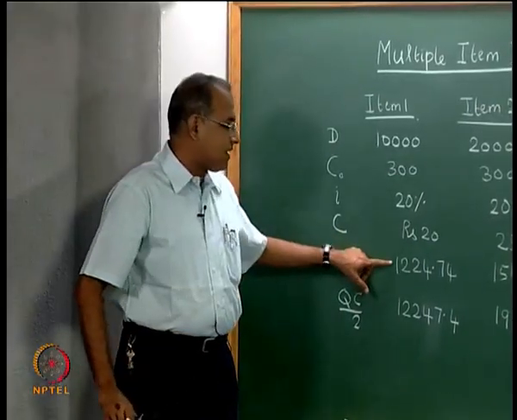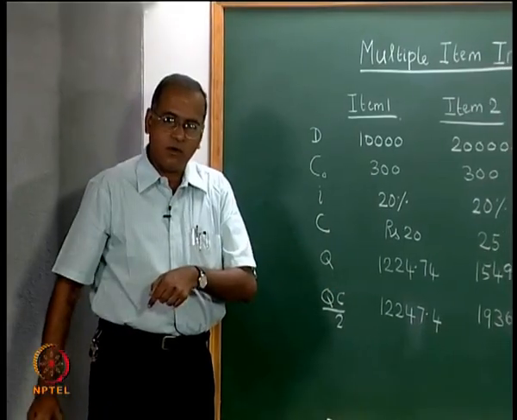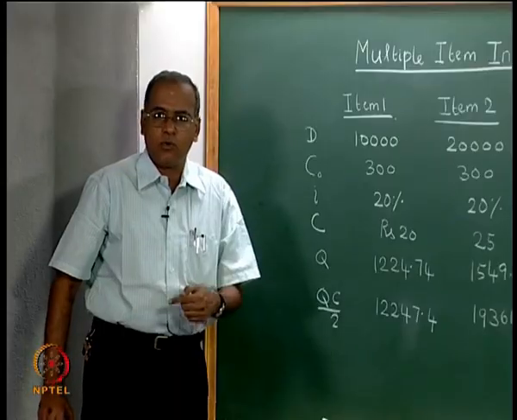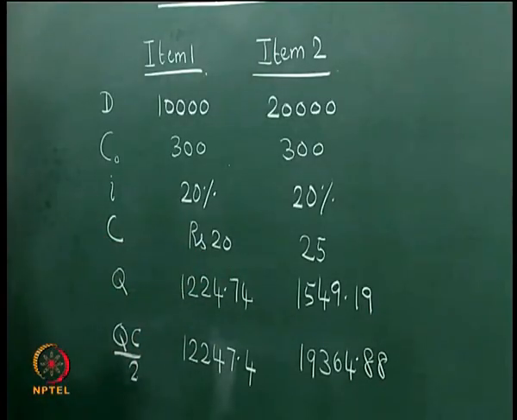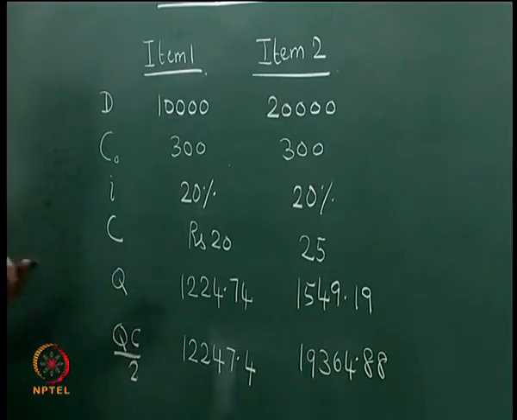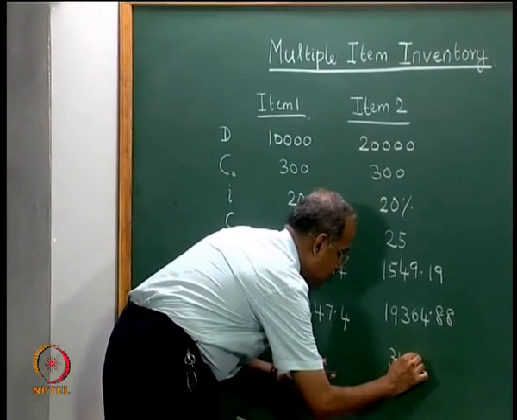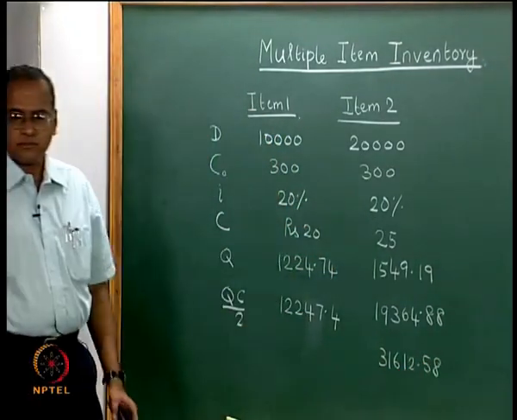Because we start the cycle with 1224.74, the cycle ends with 0, and we have already computed that the average inventory is Q by 2. So, the money value of that is so much. Put together, the money value of both these items comes out to 31,612.58.